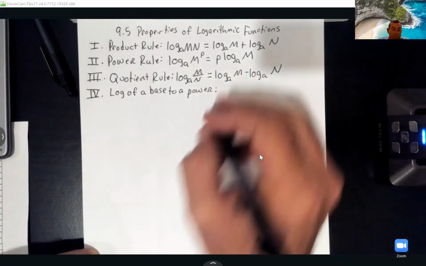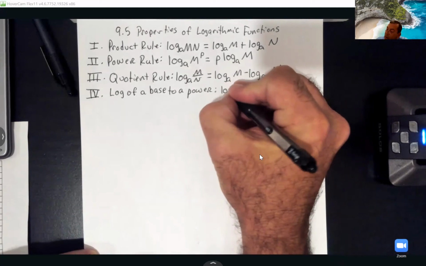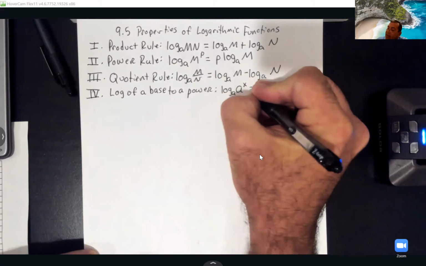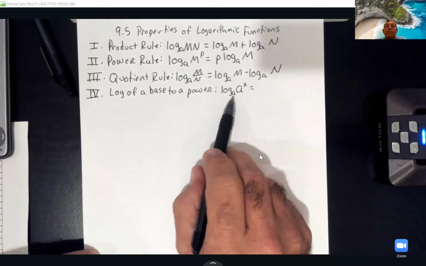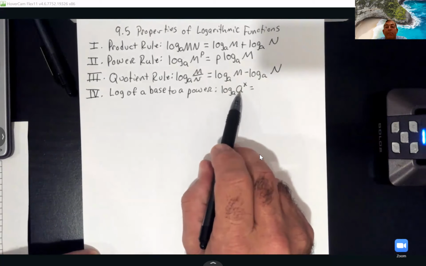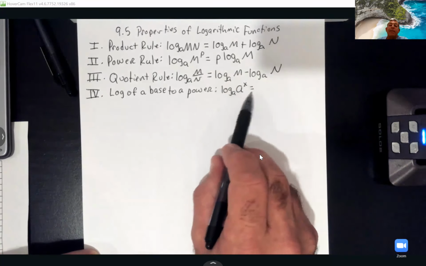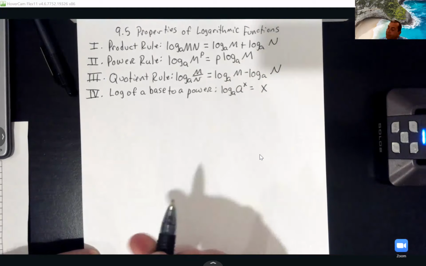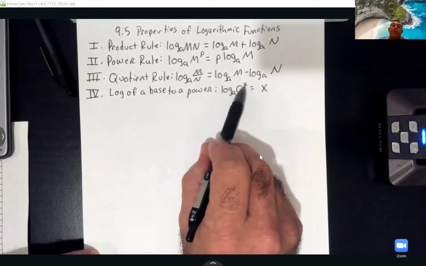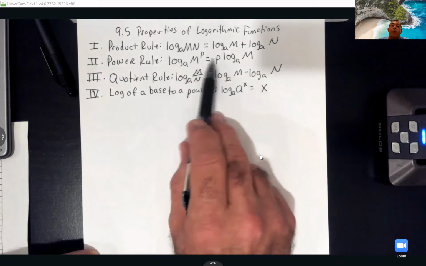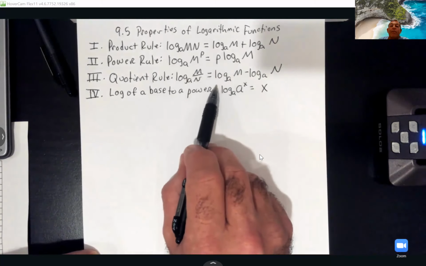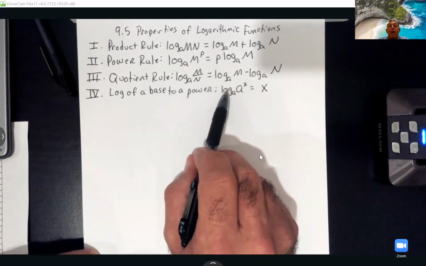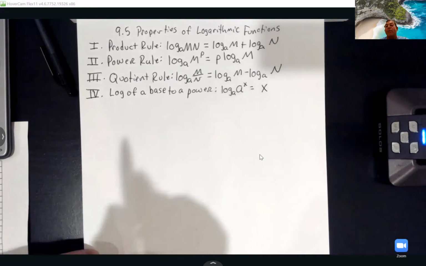So y'all, the log of a base to a power tells me if I have a log base A of A to the X, notice the base matches the base raised to X. This breaks down and simplifies to just X. And y'all, the reason is if you move the X to the front using that power rule, you have X times log base A of A. Well, remember the log base A of A part of that equals 1.